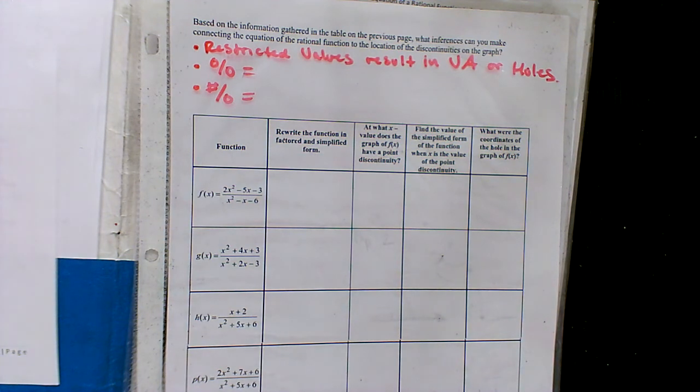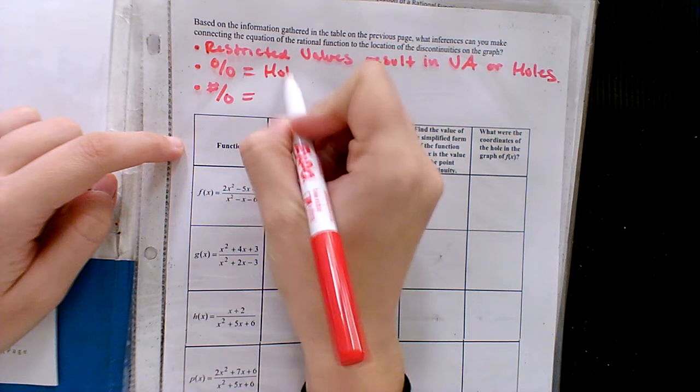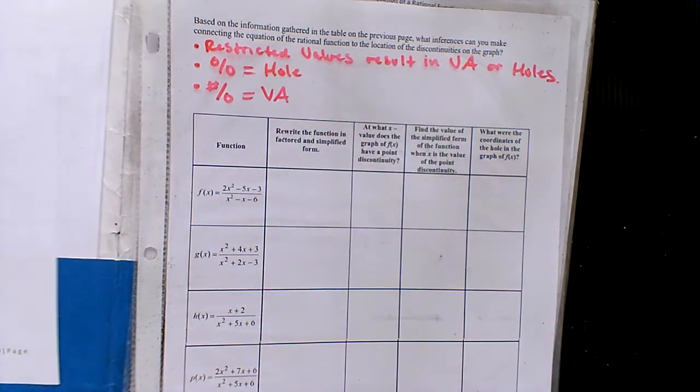Can we label which one's which? If we plug in a number, yeah. 0, okay. There we go, perfect. So if we plug in a number and we get 0 over 0, we can basically relate that to the equation's factors.